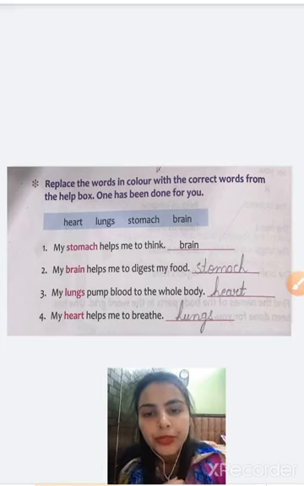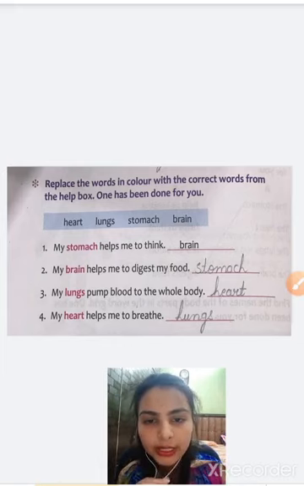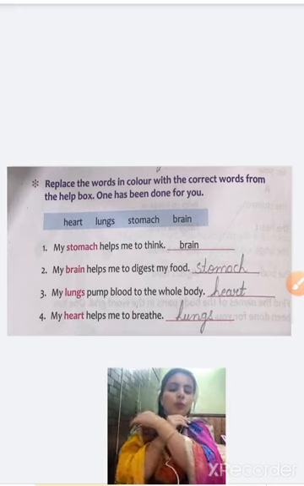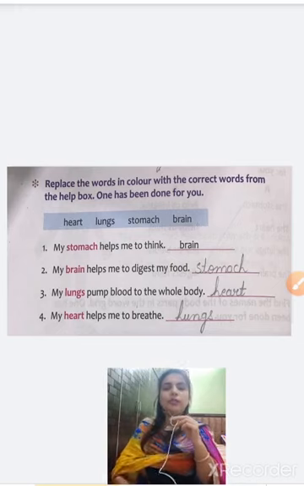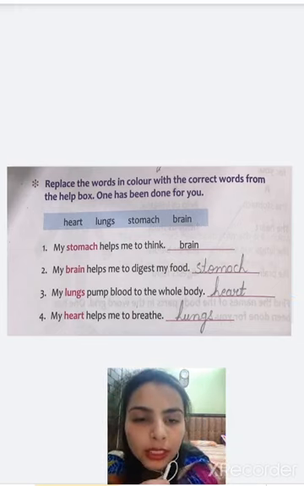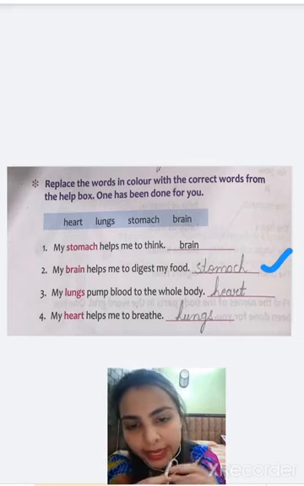Second one is, my brain helps me to digest my food. Does your brain help you to digest your food? No. What helps you to digest your food? Your stomach. See here the spelling of stomach, STOMACH.